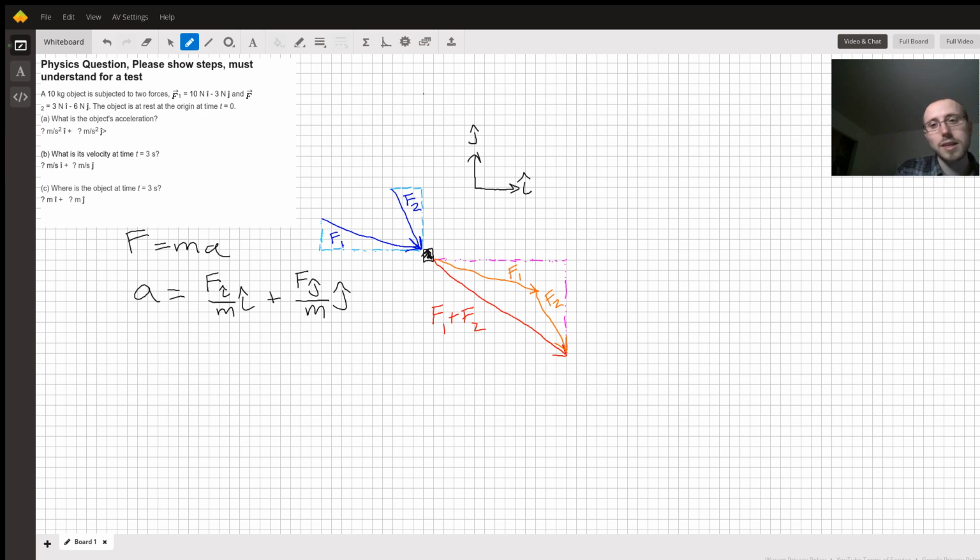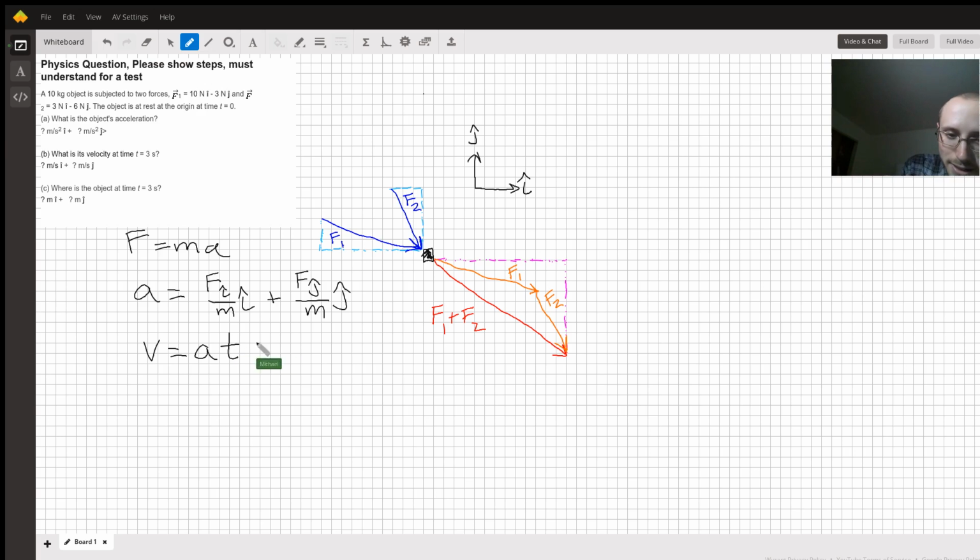And then similarly, you could say that the velocity of the object is just its acceleration times the time. And again, you would incorporate the vector components and keep them separate. Invoke this vector notation, keeping the two components separate, but doing all of the math operations as you would normally do, right?